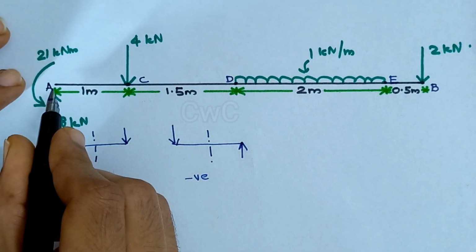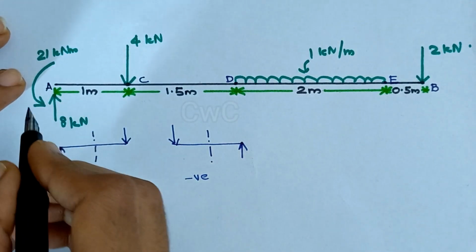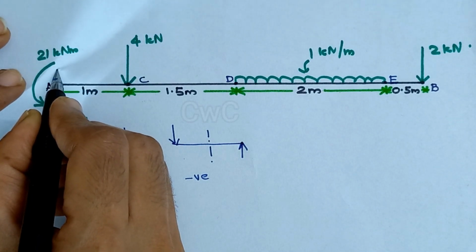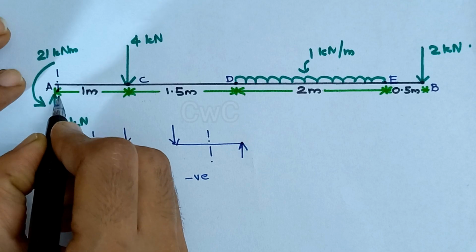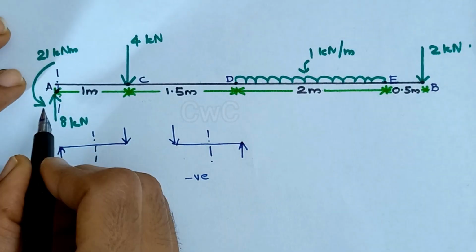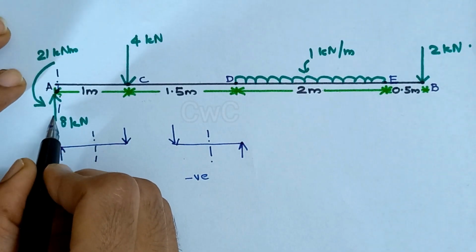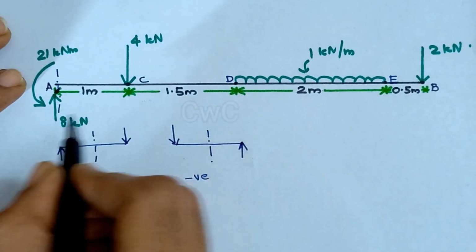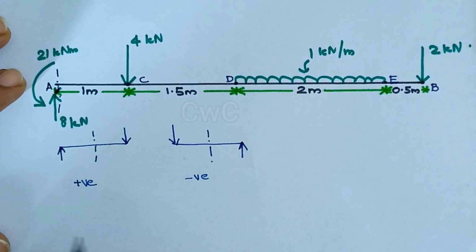Let's start with the point A. Here, to find the shear at A, consider a section just near A. At the left of the section we have one force and at the right we have three forces. So better to consider left of the section.